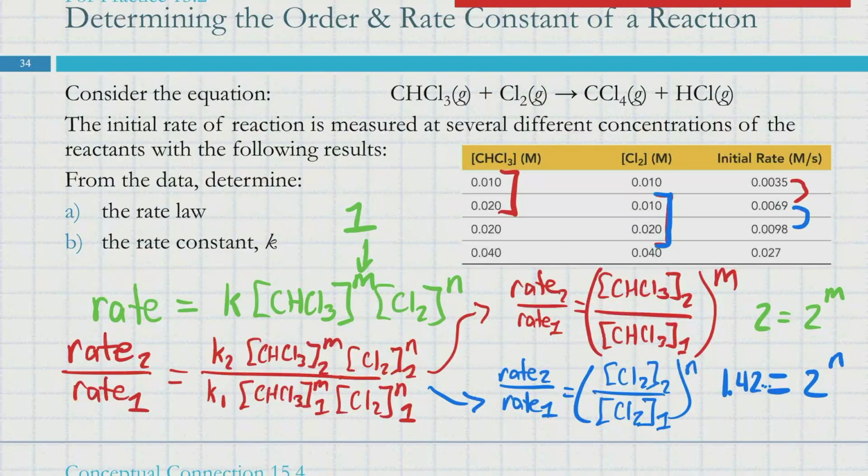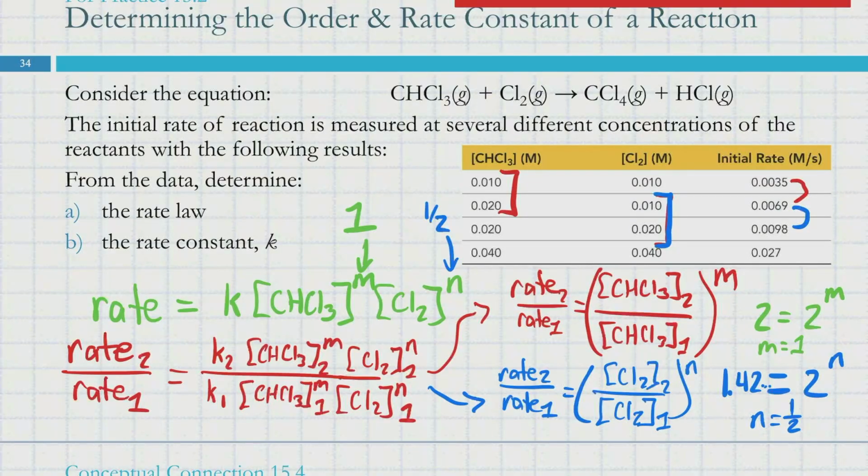You could also do a cube root if that didn't work out quite right, or a quartic root. In this case, n works out to be 1/2, sorry. So it's 1/2 order with respect to Cl2.